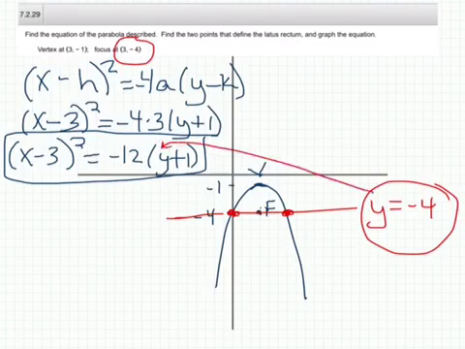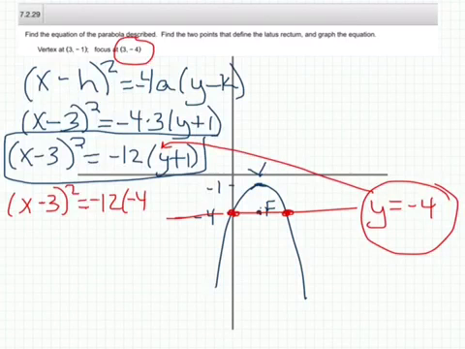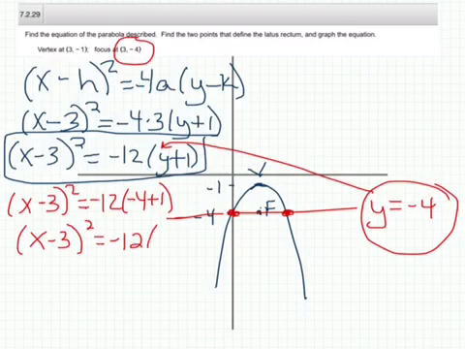So doing that, we get (x minus 3) all squared equals -12 times (-4 plus 1). So that gives us (x minus 3) all squared equals -12 times -3. So (x minus 3) all squared equals 36.